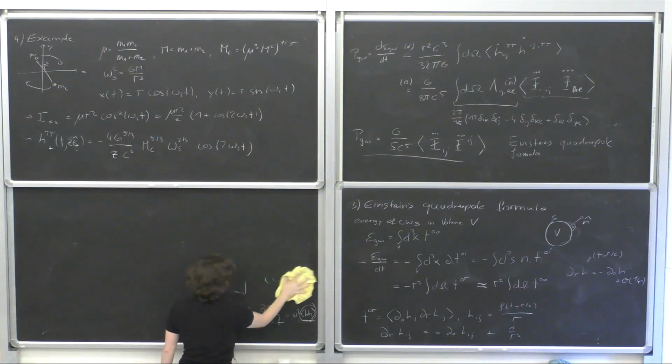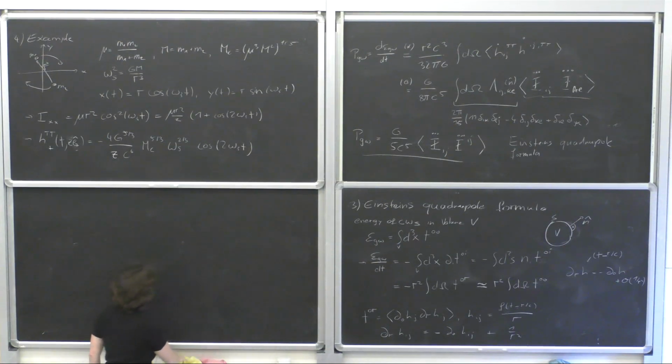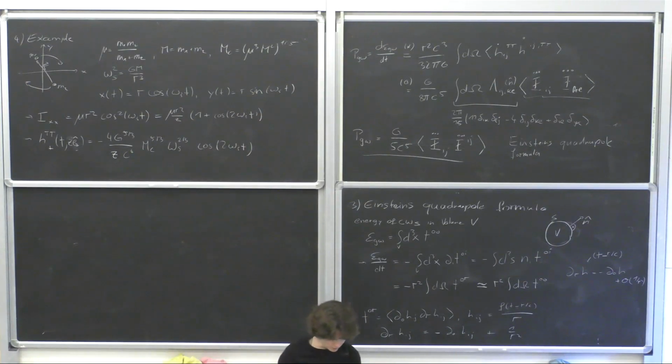So here in particular, we can immediately see that the gravitational wave has a frequency of twice that of the system. And we can also immediately see that the amplitude scales with the frequency. So as the binary loses energy, as the black holes go closer together, the Kepler frequency goes up, and hence the amplitude goes up, which is exactly the chirp that we observe in the LIGO system.